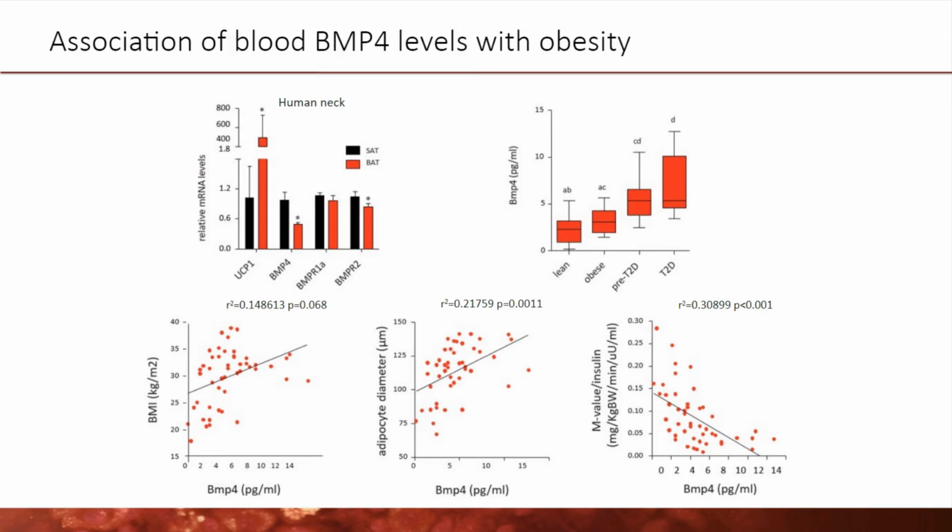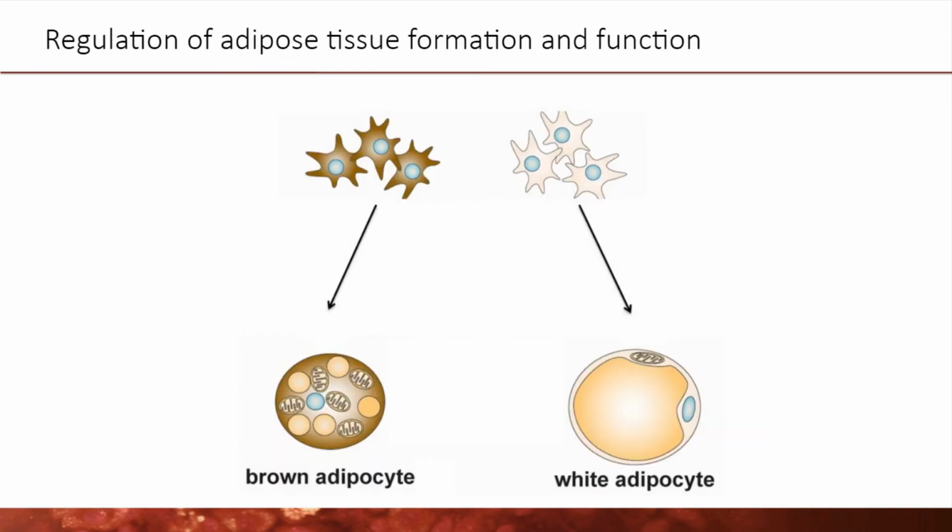So it's very well possible that within humans there are certain differences in BMP4 levels for whatever reasons, and that these levels determine the ratio of brown and white fat cells by reprogramming cell fate, either from the precursor or maybe even at the level of the mature cell. And this could also contribute to a certain extent to the obese phenotype and also the metabolic changes.